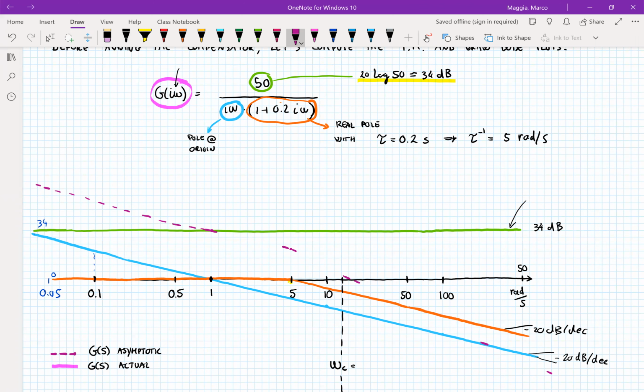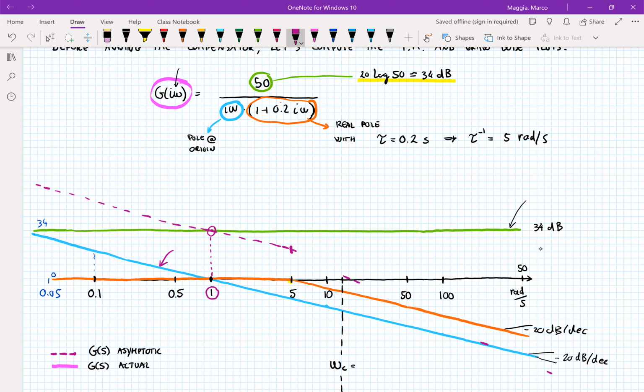So anyway, here you see that the overall contribution, at least until we hit 5 radians per second, is just equal to the contribution of the pole at the origin raised by 34 decibels. So it means that instead of crossing the 0 line at 1 radian per second, we cross the 34 decibel line when we are at 1 radian per second.